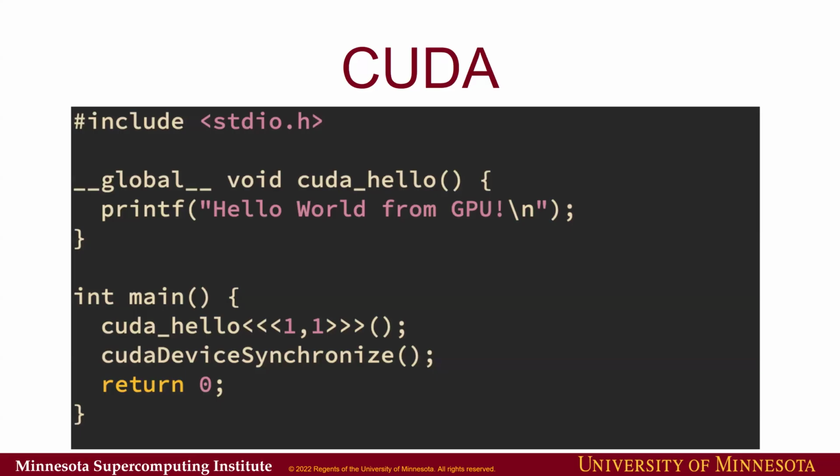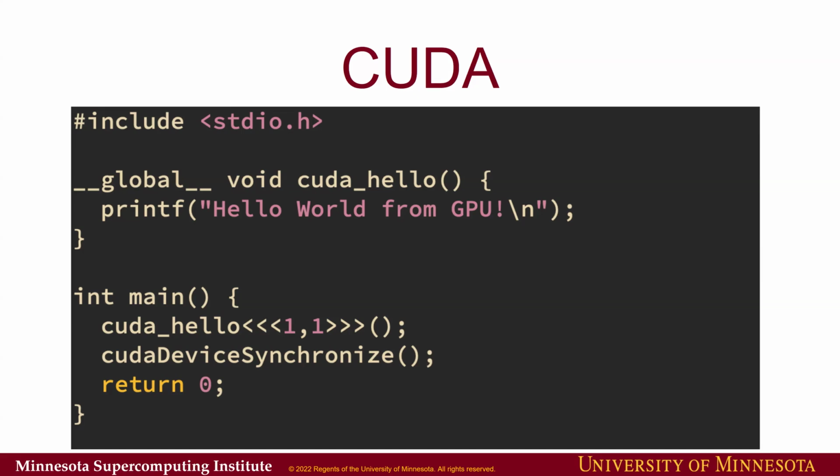Just so you're familiar, this is an example of some CUDA code. Here there's a kernel defined as CUDA hello, which prints hello world from GPU. Then in the main function, it's invoked. You'll see that it says CUDA hello, then there are these strange angle brackets. These angle brackets are how you invoke CUDA kernels. In between the angle brackets, you have 1, 1.